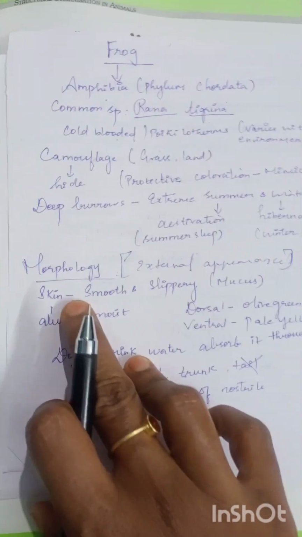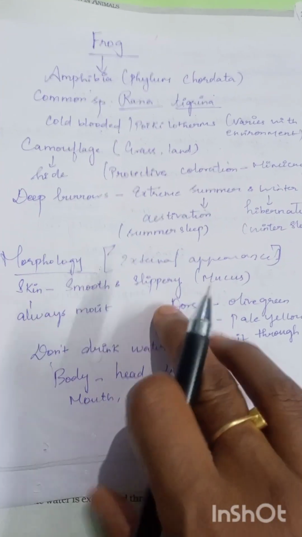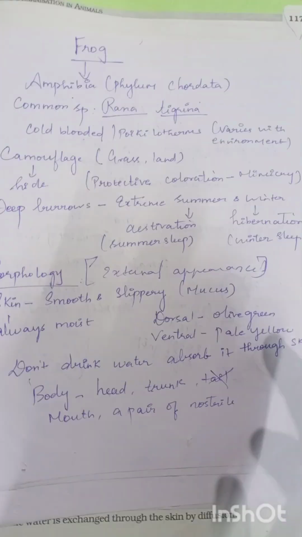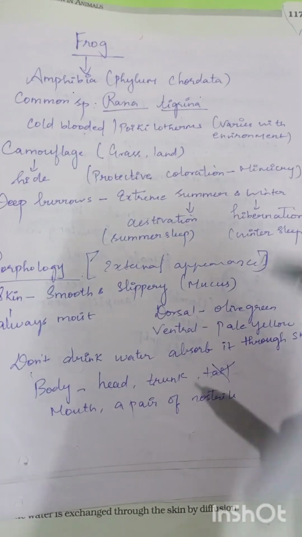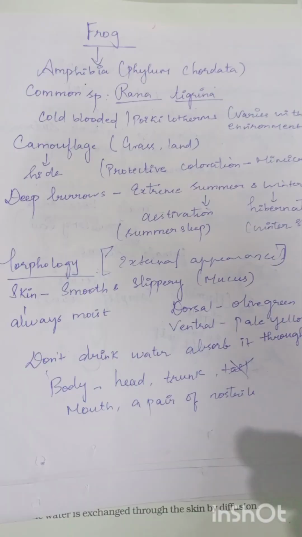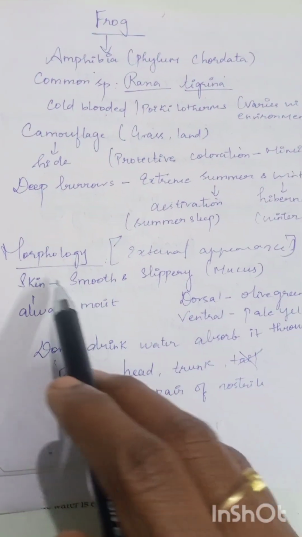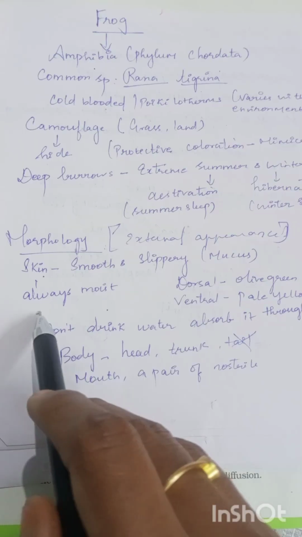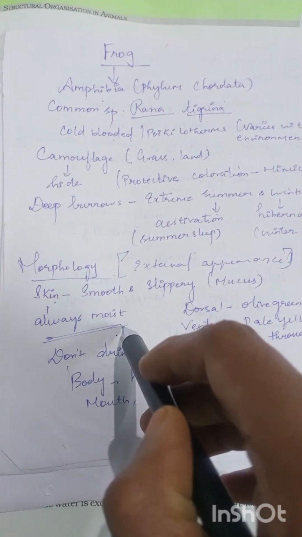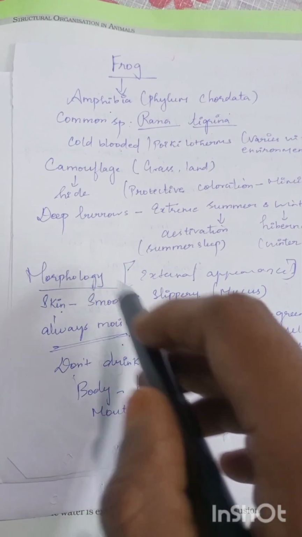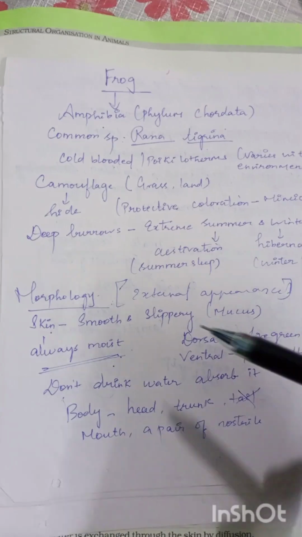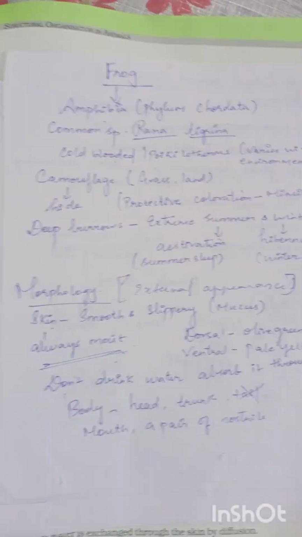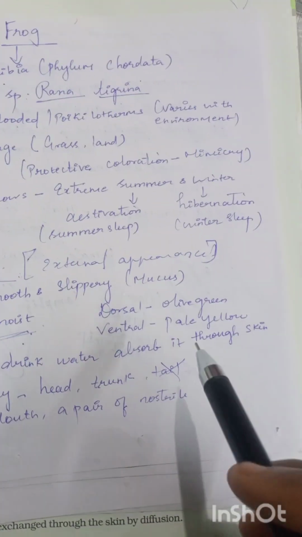If you take the skin of a frog, it is usually smooth and slippery, and it is slippery due to the presence of mucus. A slippery layer that is actually mucus, and if you see the skin, it is always moist. This is the reason that the frog can respire through skin. We will see that in the respiration portion.